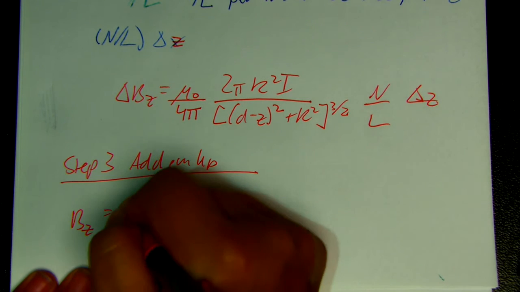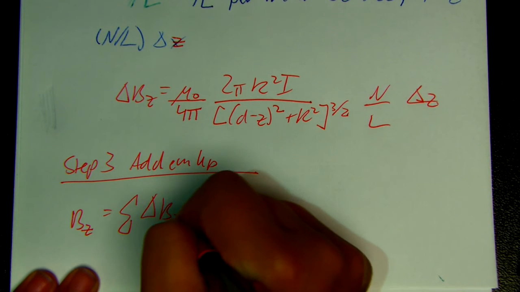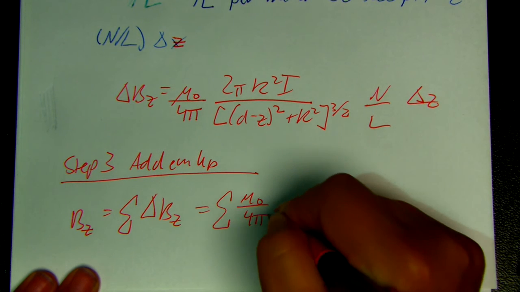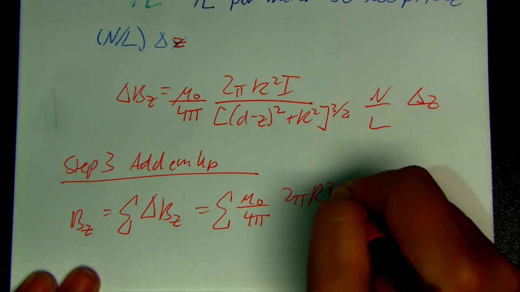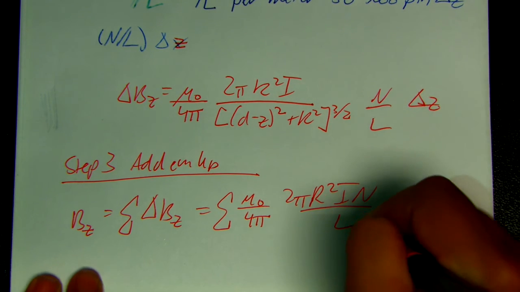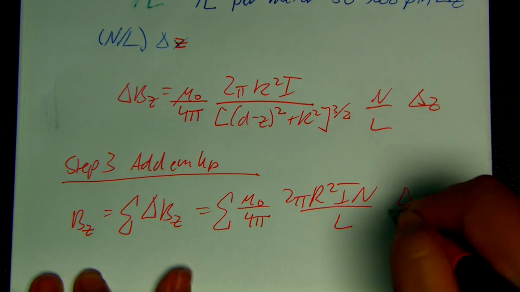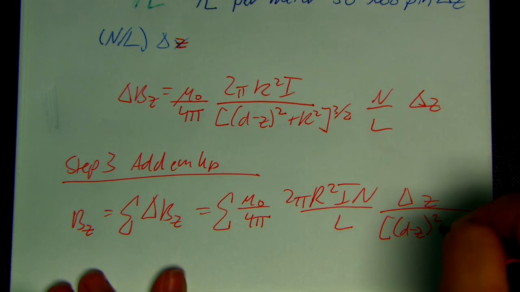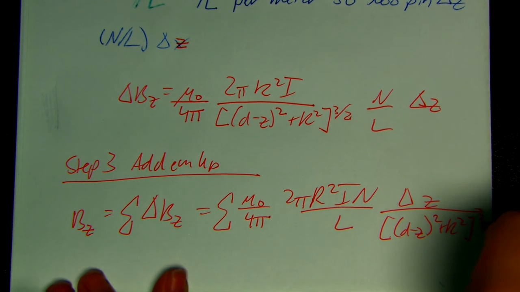So Bz is equal to the sum of delta Bz, which is the sum of mu naught over 4 pi, 2 pi R squared I N over L, delta Z over (D minus Z) squared plus R squared to the 3/2.